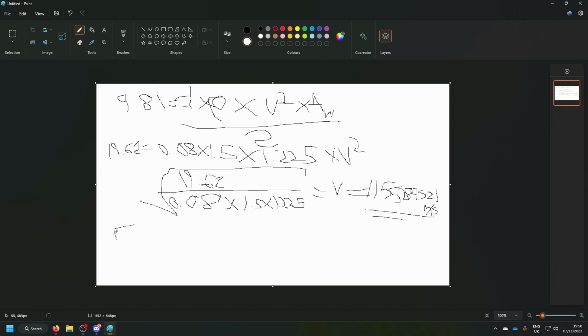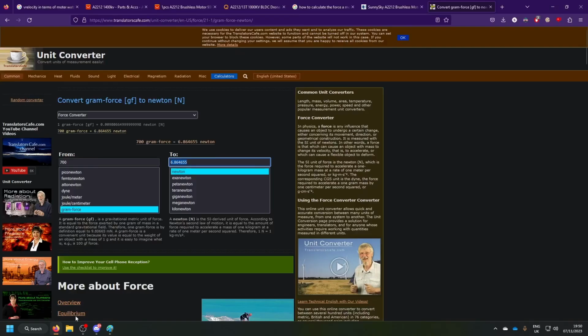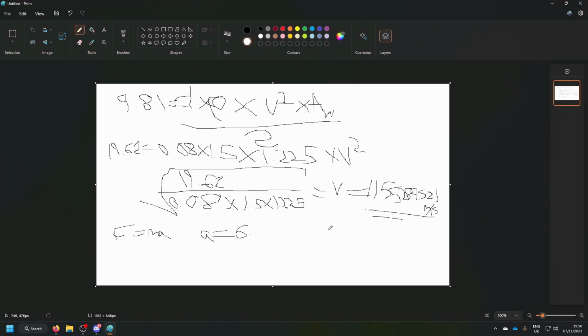So if F equals ma, that means that a equals our force divided by our mass. So 6.865 divided by 1, which equals 6.865 meters per second squared.